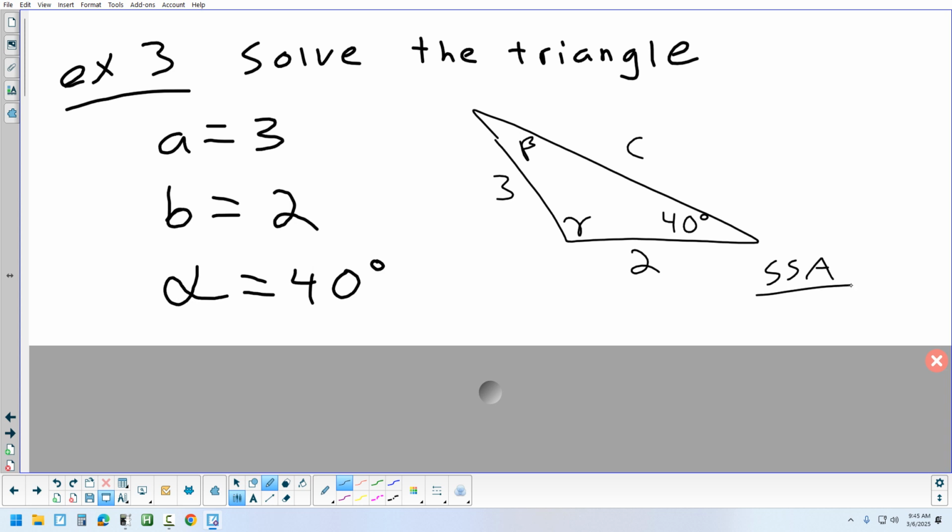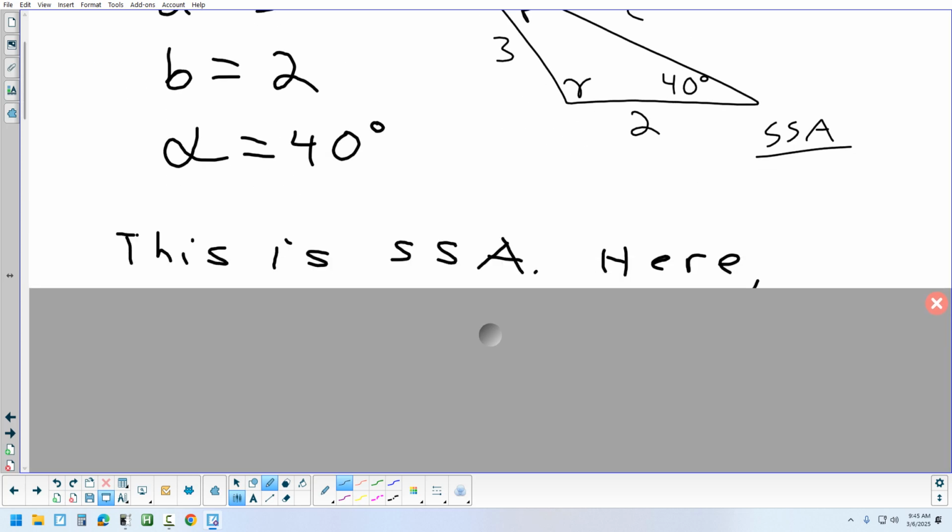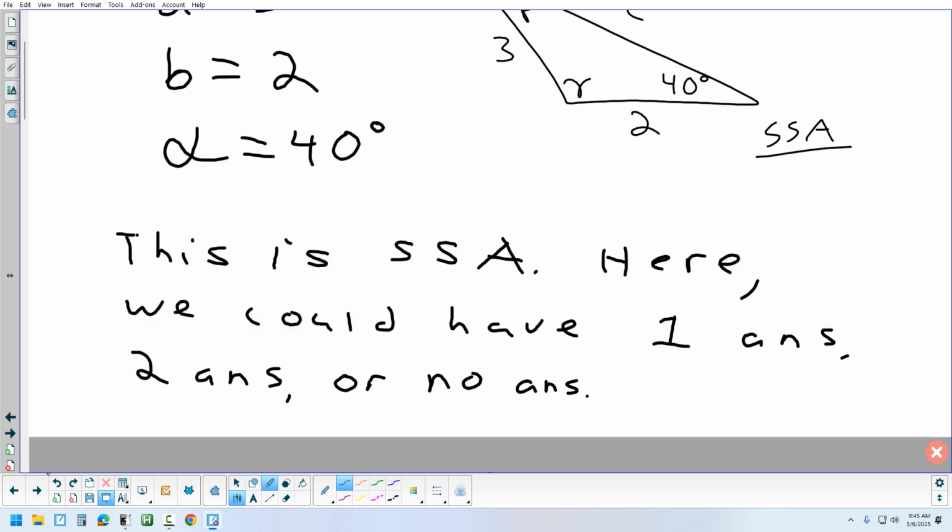Out of the 5 different types that we were learning, SSA is kind of the one that we generally don't care for as much when it comes up, because when we start to solve this problem, it could turn out to be a regular problem and we just get one solution for each of the three things we don't know. Or we could end up with two solutions for each of the three things we don't know, so that means you'd be finding 6 things.